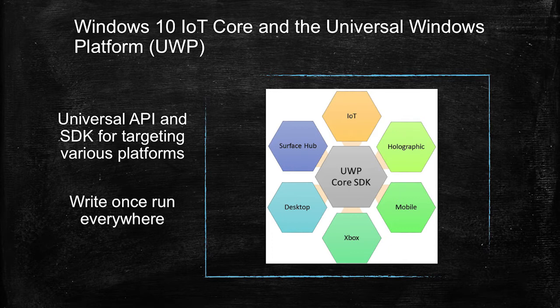If you work with mobile or Xbox, you have appropriate extensions. If you want to work with augmented reality, HoloLens, you use holographic extensions. And finally, you have extensions for the IoT, which can be used for reading data from sensors, for example.